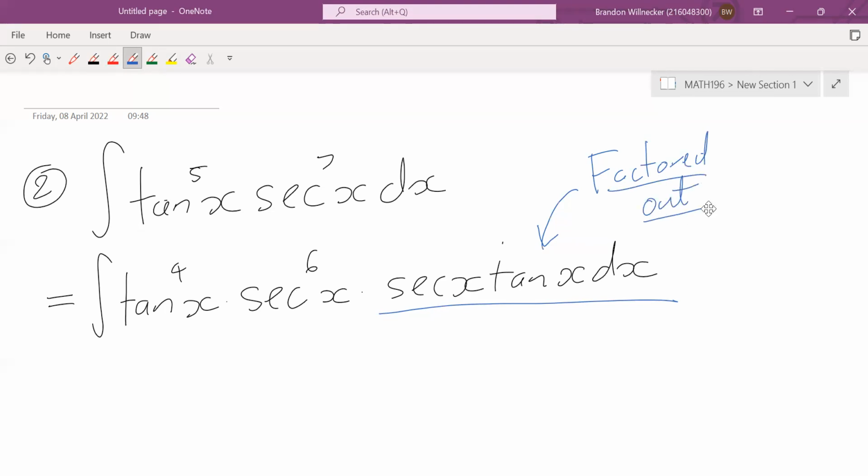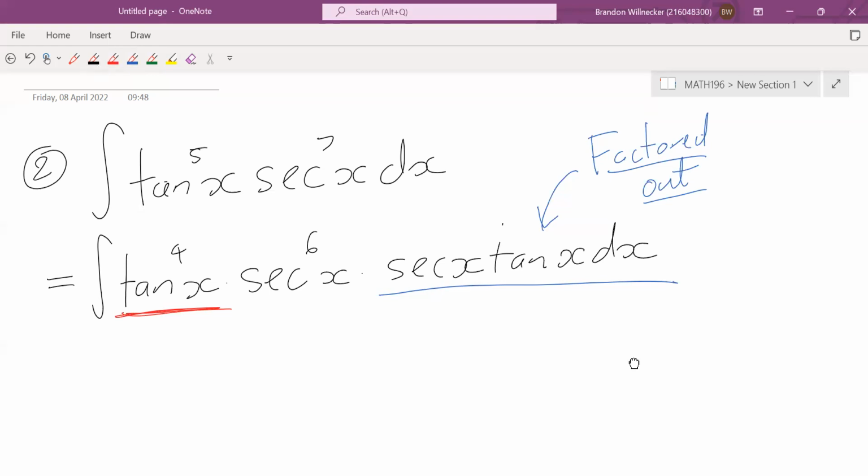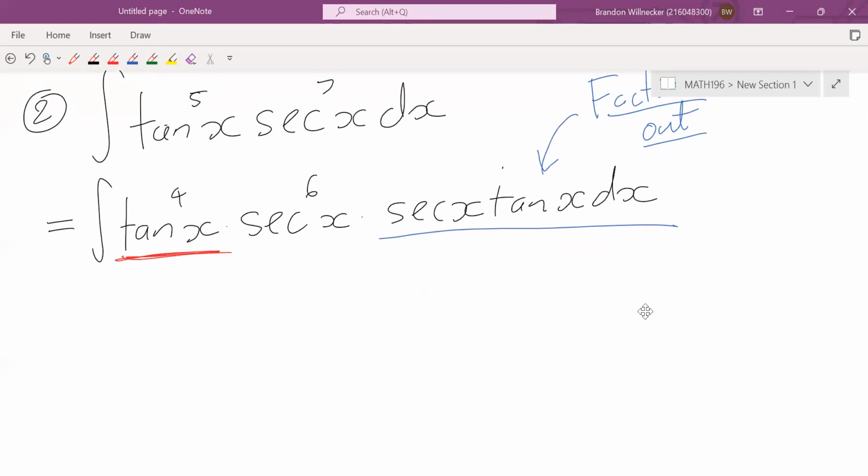So that's step 1 done. Step 2 says that we need to change everything else into sec. So that's this term over here. So tan to the 4x, we need to change to sec. Now tan to the 4x is tan squared squared. So let's write it like that.